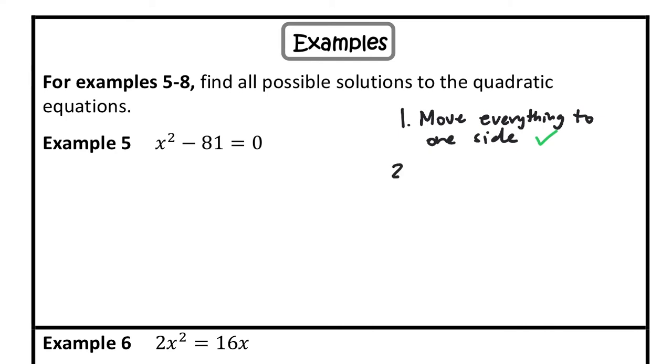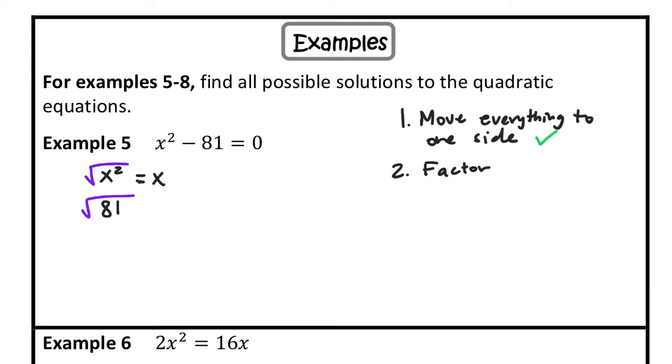The second step is factor. Is there a GCF? They don't have x's in common, and they don't have numbers in common. The only GCF is 1. But if you notice, there's a subtraction happening. If you remember when we used to factor before, we would ask ourselves, can I square root the first term? Can I square root the last term?